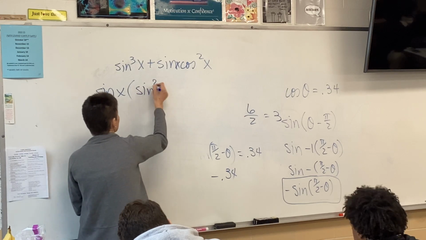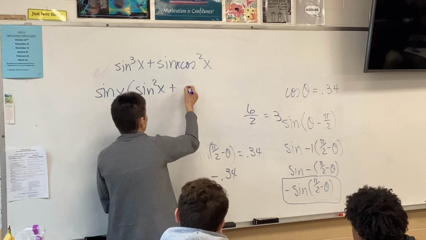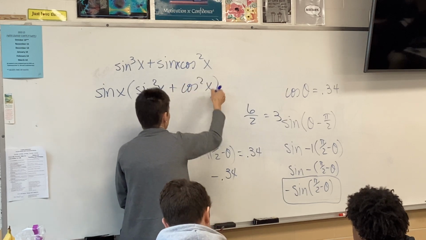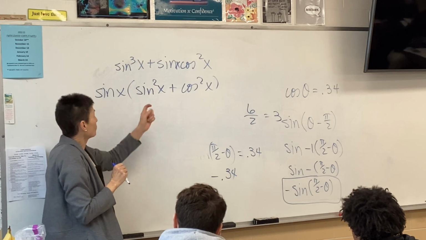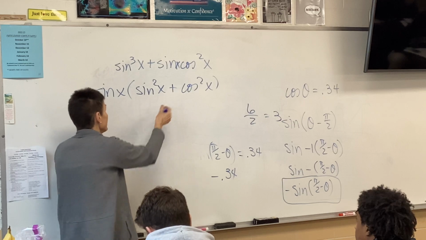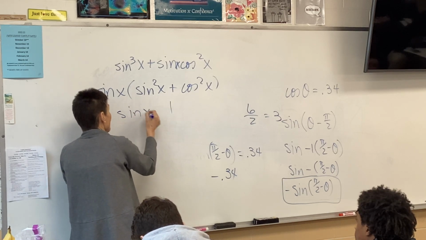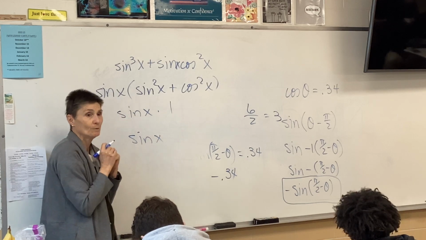Sine squared plus cosine squared. Your little identity radar going up, because what's sine squared plus cosine squared? 1. So this big ugly mess just simplified down into sine.